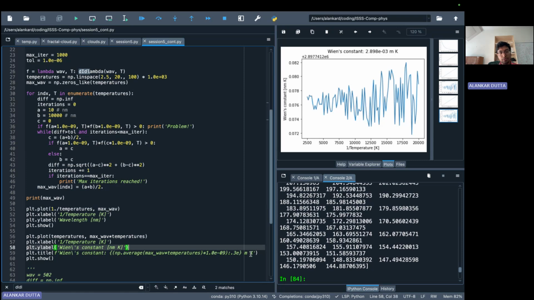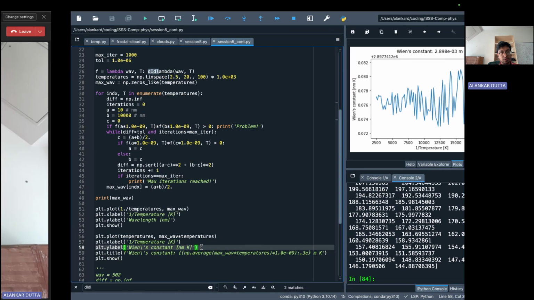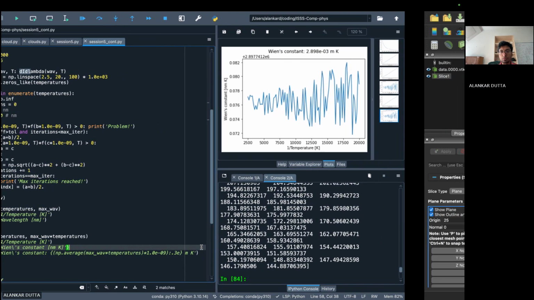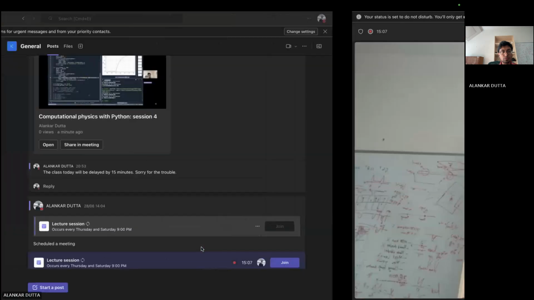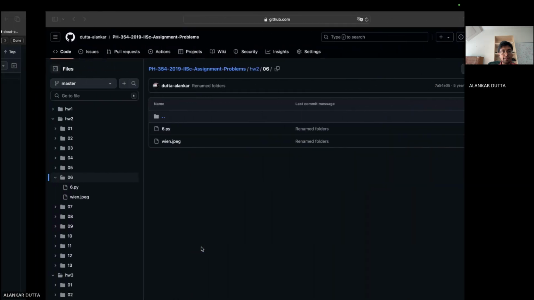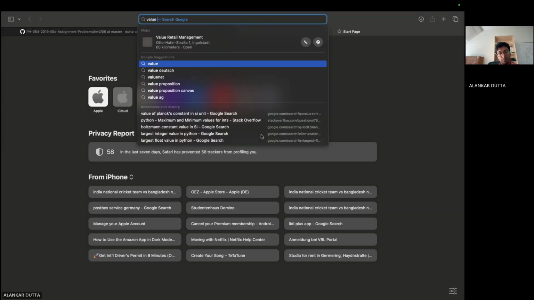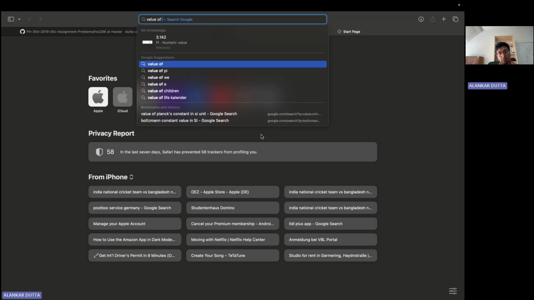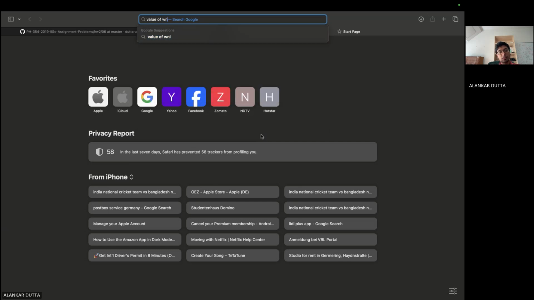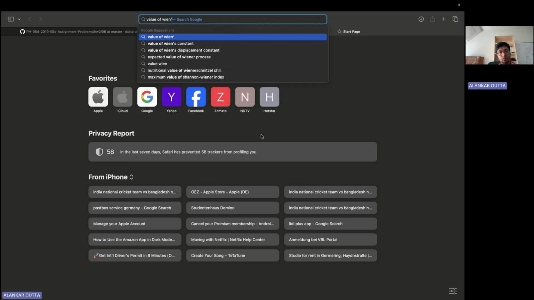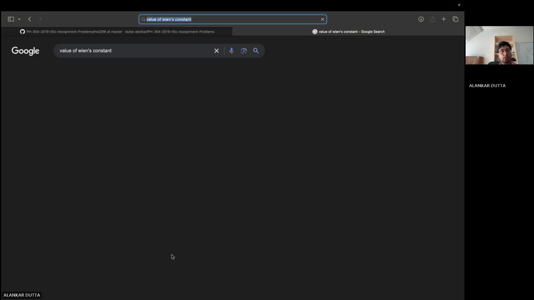Meters times Kelvin. So let's see what is the value of the Wien's constant if you want to check. Or value of Wien's constant.